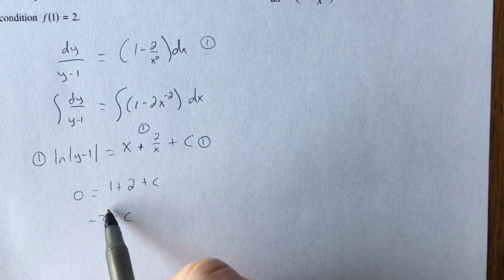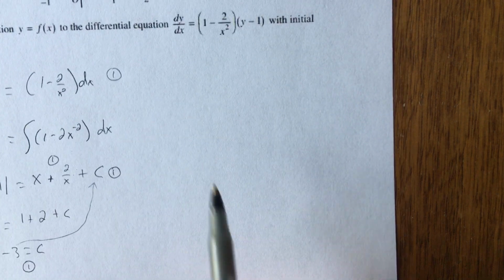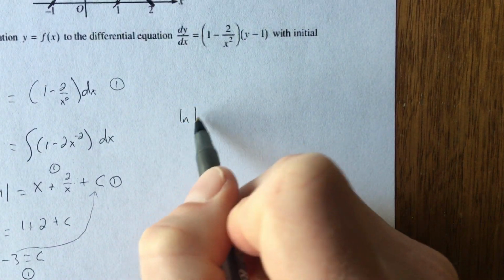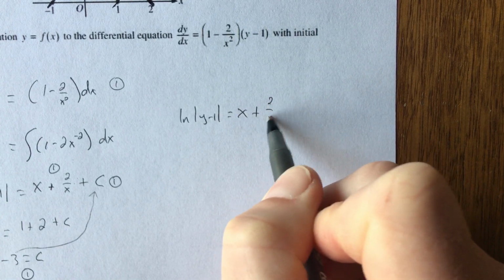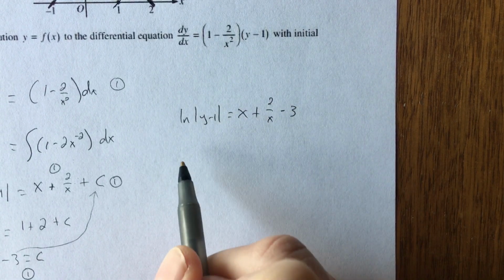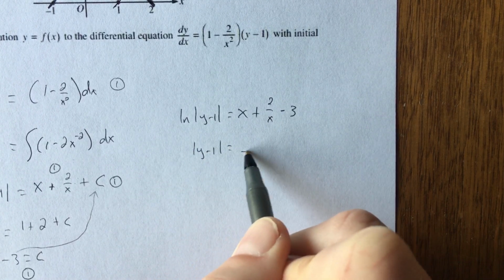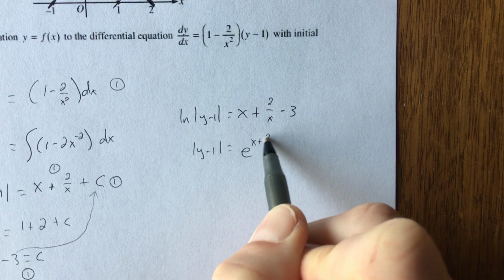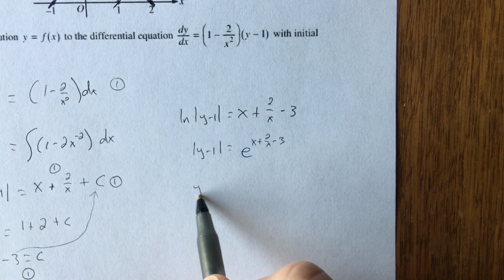Okay, so we're going to put that negative 3 back in for c, and then we'll figure out what y equals. So the natural log of y minus 1 is equal to x plus 2 over x minus 3. We'll raise it to the power of e. So y minus 1 equals e to the x plus 2 over x minus 3. We have to decide if this is positive or negative.